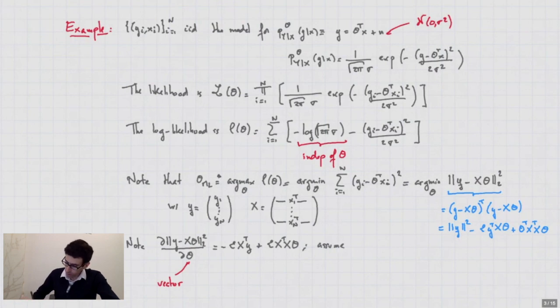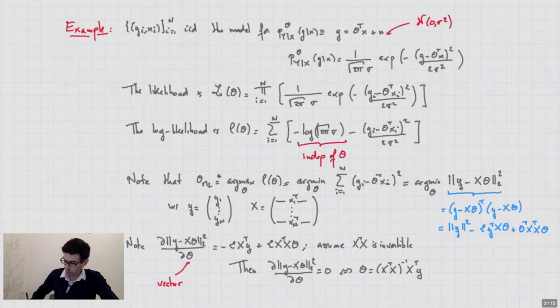Now, if you assume, for simplicity, that the matrix x transpose x is invertible, and very often that's going to be the case in practice, then you can observe that setting that derivative to 0 with respect to theta is equivalent, after a small manipulation, to saying that theta takes the form (x transpose x) inverse x transpose y.